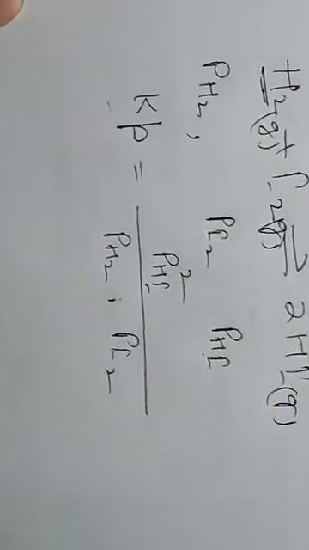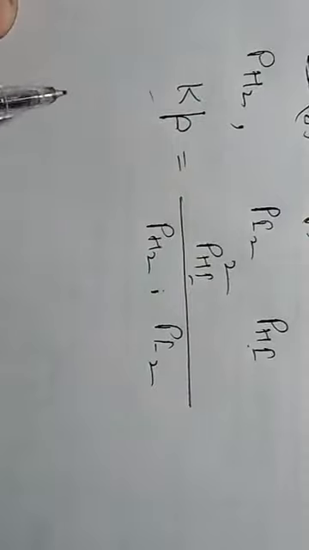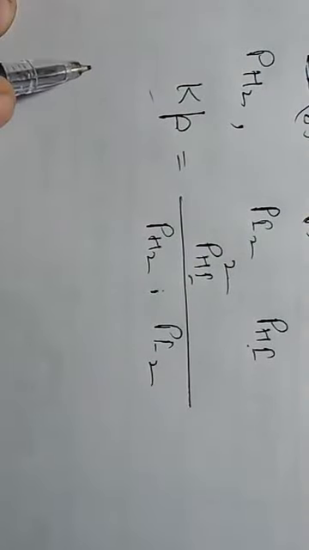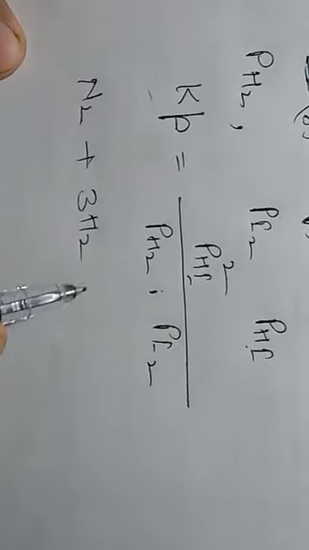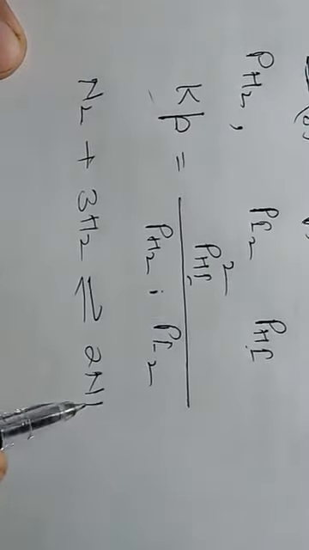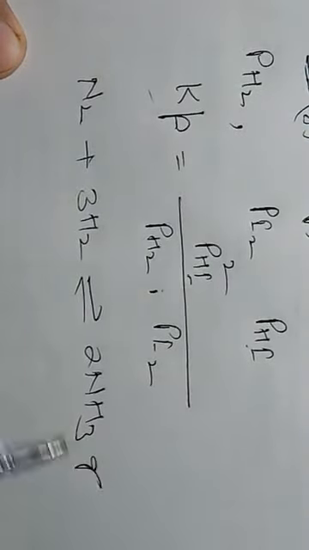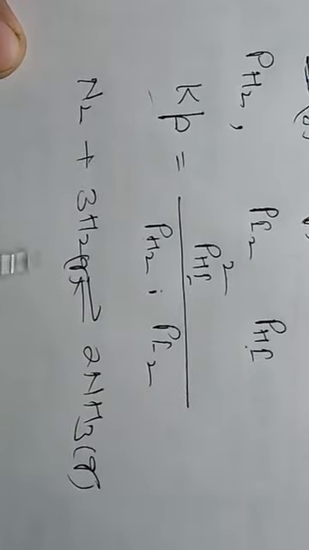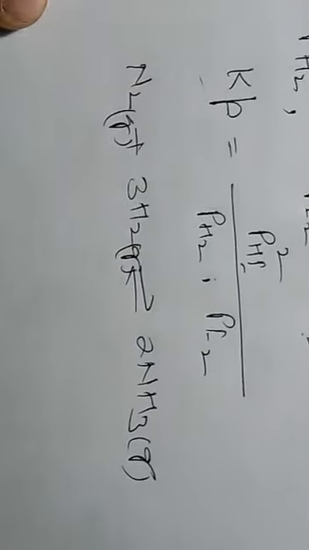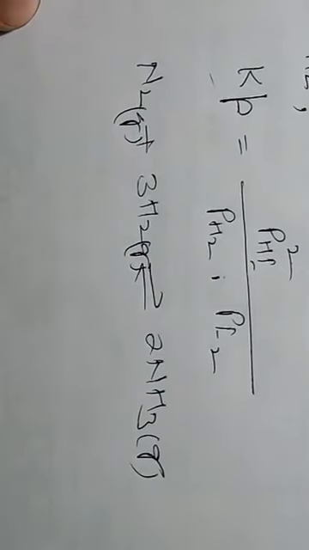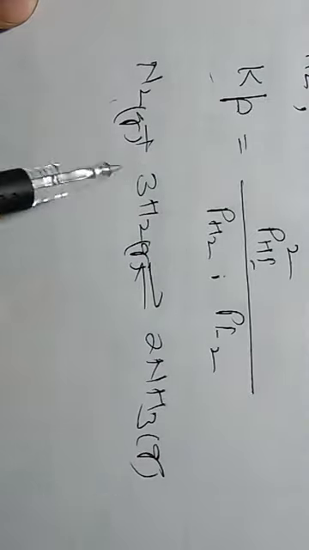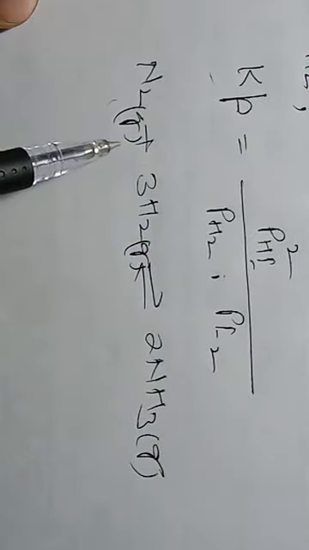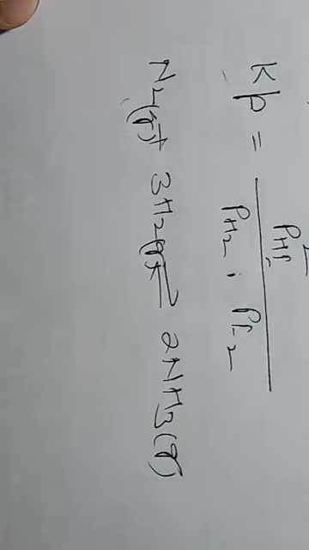Okay, now one more example for Kp. N2 plus 3H2 forming 2NH3. All the reactant and product terms are in the gaseous phase. So we can write the law of chemical equilibrium, or the relation of K in terms of Kp, for this reaction.